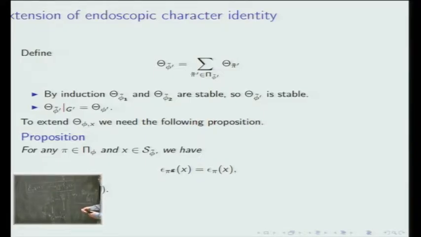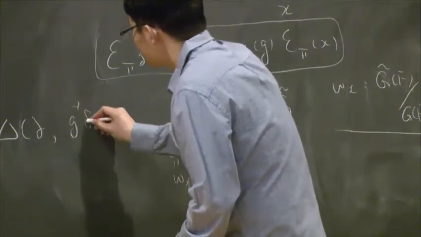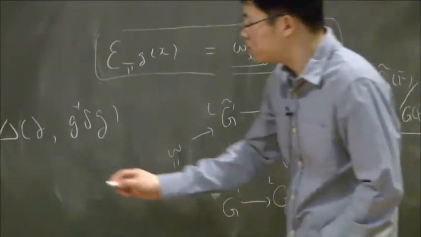So the endoscopic character identity will be a relation between characters on two groups, and one is G, and over G you can conjugate that character by G tilde, and you can see how this equality changes, and essentially it goes to a property of the transfer factor: this transfer factor delta gamma sigma, if you conjugate sigma by G, then this character will pop up.